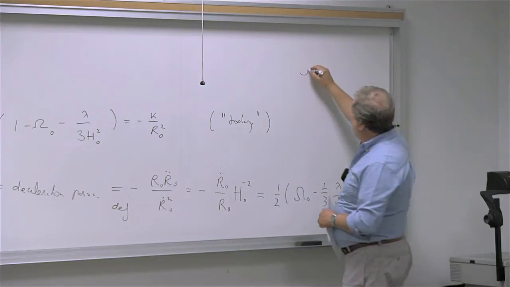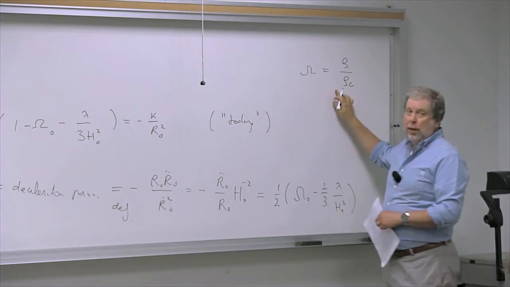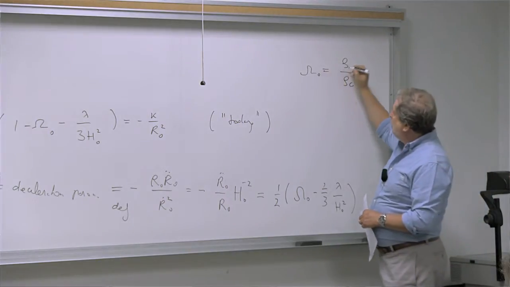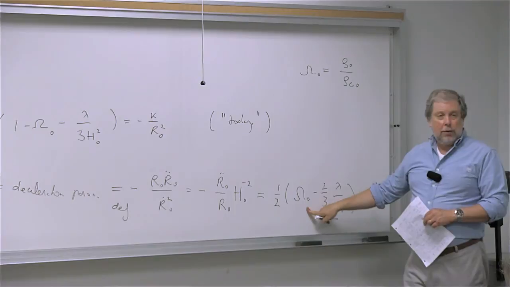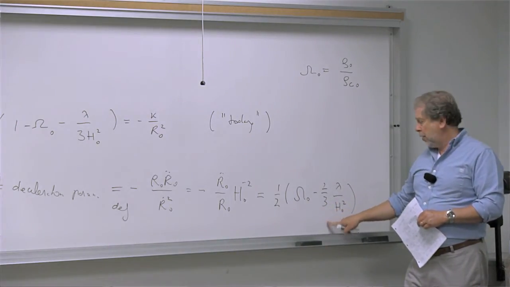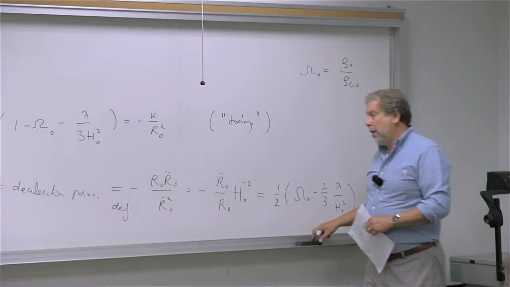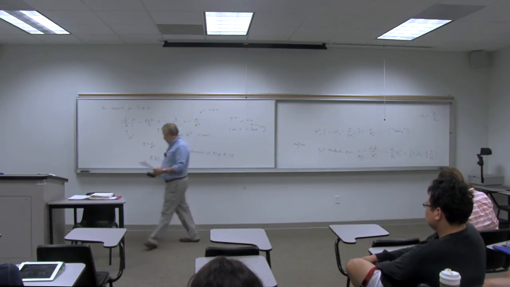Remember, the omega is defined as the rho divided by the rho critical, right? So evaluated today, that is the rho naught divided by rho critical naught. So the measurement of the deceleration parameter will give us a good handle on what this fraction is and, well, the Hubble constant, which can be determined independently, so we're supposed to know what that is, right?